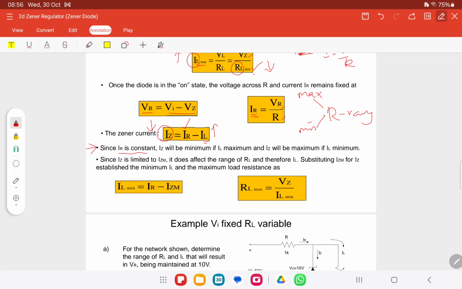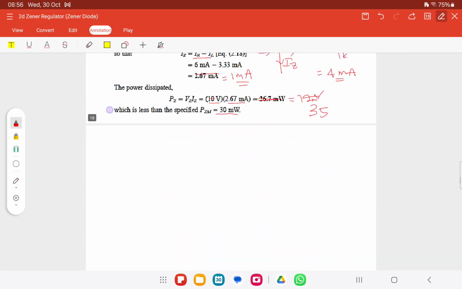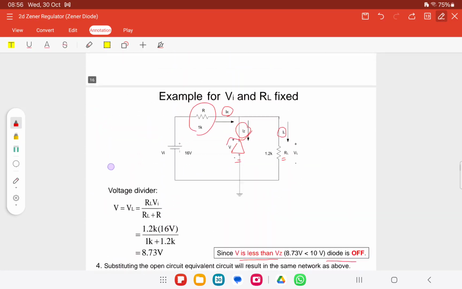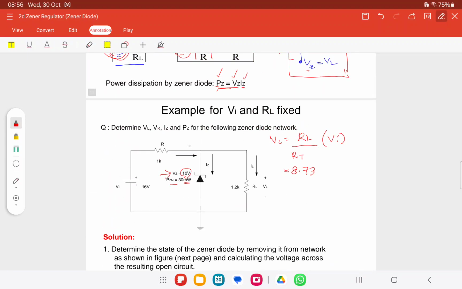Okay, this point, since IZM is limited by the datasheet, it is a characteristic of the diode. It comes from the diode. It does not affect RL and IL. So this is the value given for the diode, and it will not be the same as this value. For example, like the one we solved earlier, it gave the power.